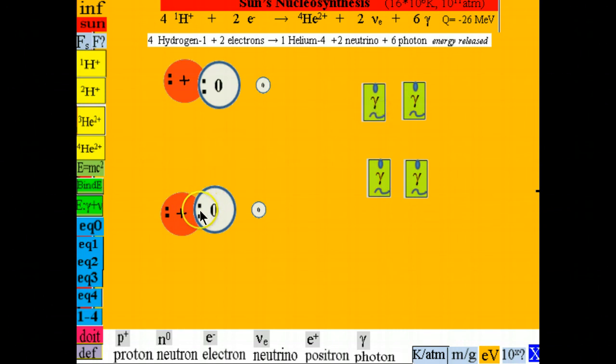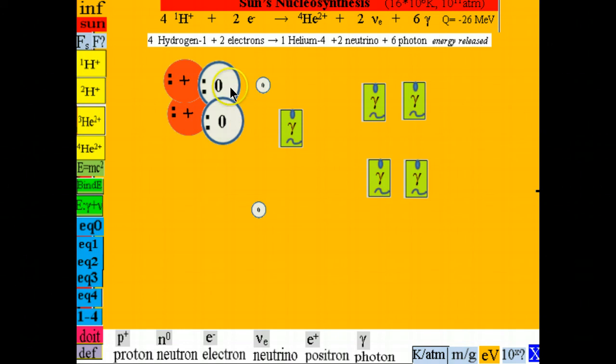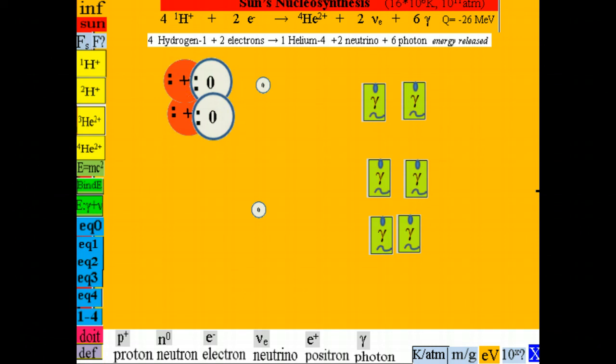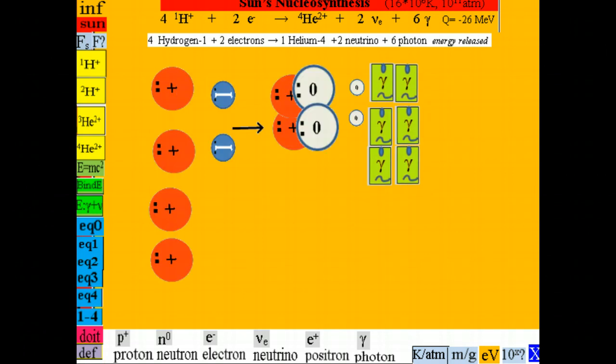The next step is that these two nuclei fuse together into helium-4, and that releases more energy. So, this is all we need to know about the sun's nucleosynthesis in this introduction.